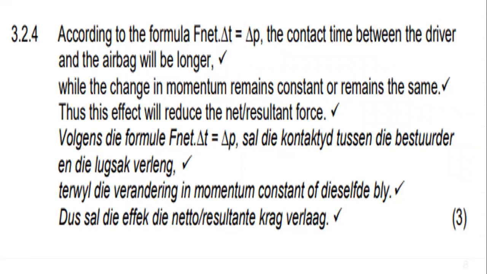And if it is inverse proportionality, it means if the contact time increases and the change in momentum remains the same, then the net force is going to decrease, because the net force and the contact time are inversely proportional to each other. So if the contact time increases, the net force is going to decrease, but for the same change in momentum.